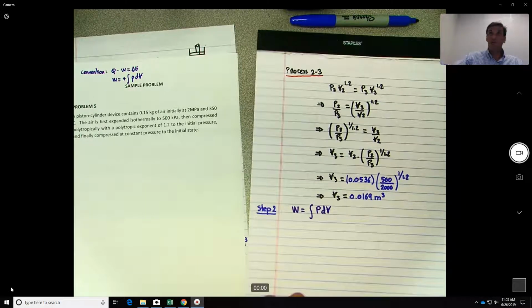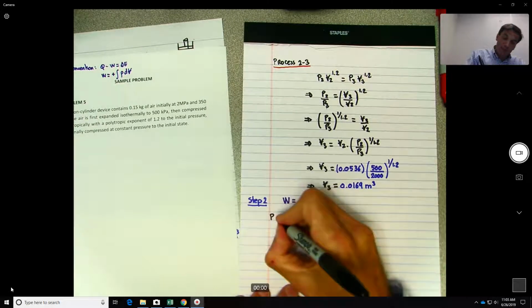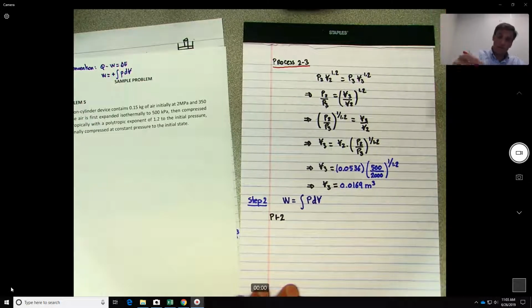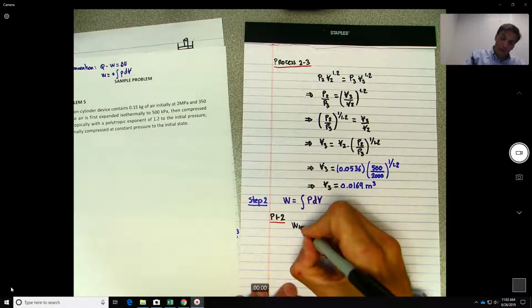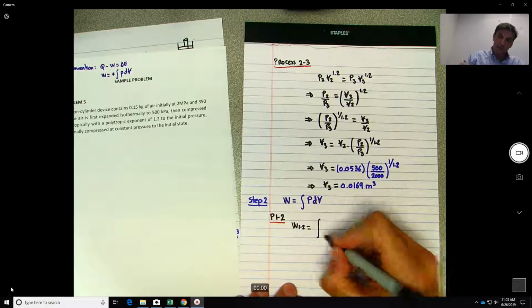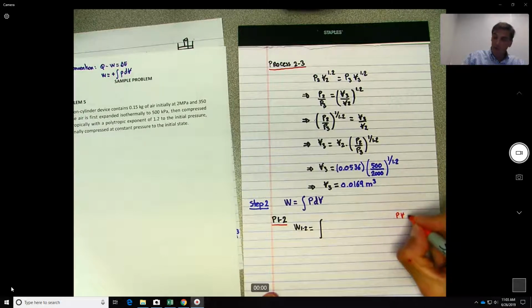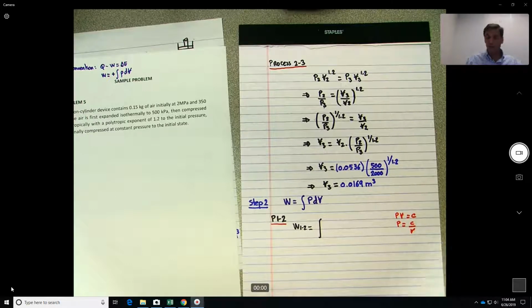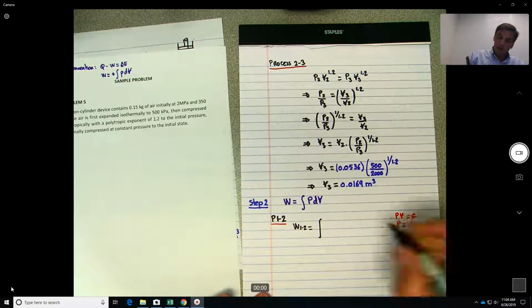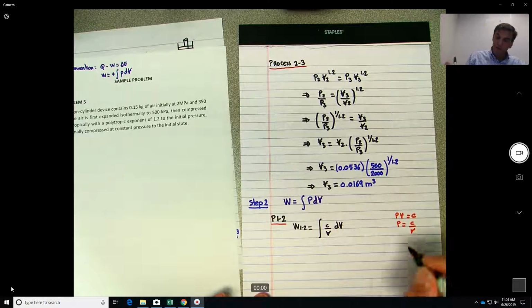And we need to do that for each one of the processes. So let's say process 1-2. What do we know? We know this one is PV equal to a constant, so that P will be equal to C over V. So that means that we have here C over V dV.